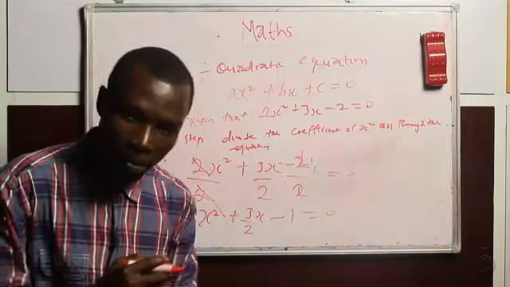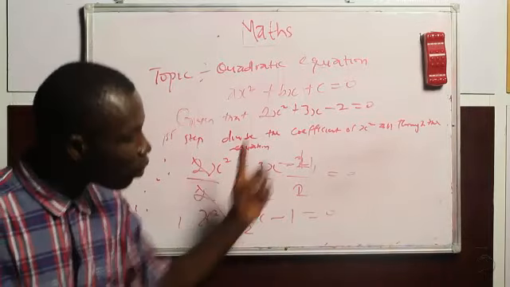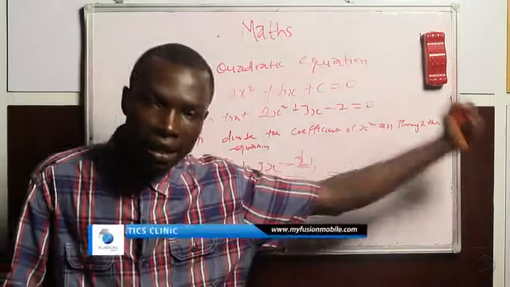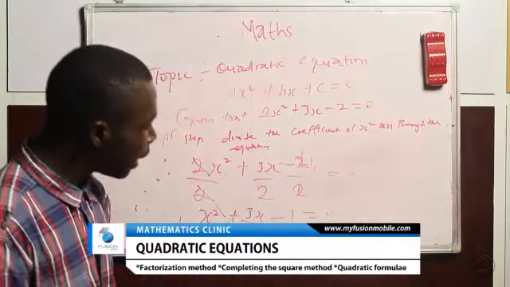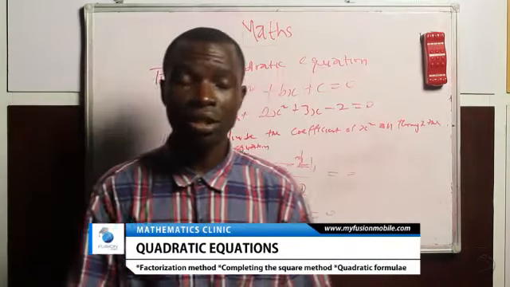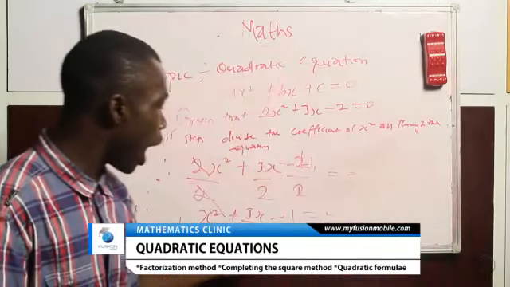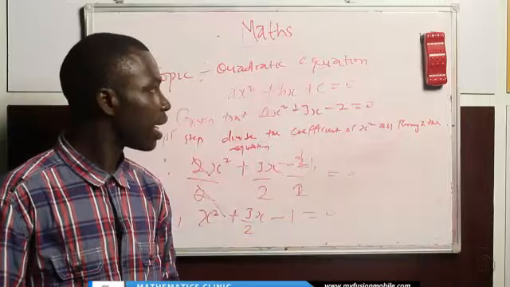Now, the next step is that we transfer the constant term to the right hand side. We transfer the constant term to our right hand side. So we transfer our constant term to the right hand side.